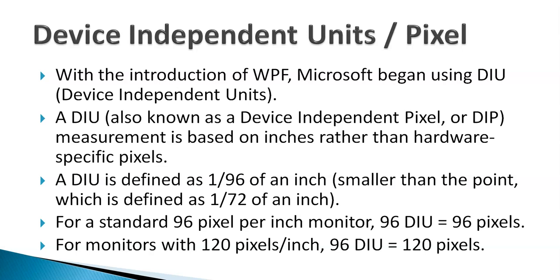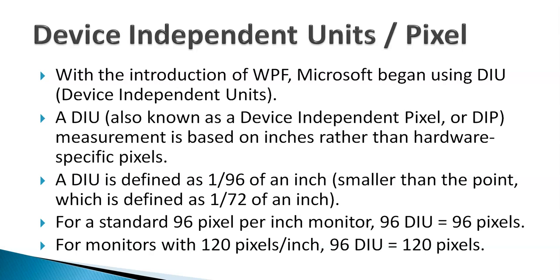So ultimately it is smaller than a point. A normal point is always defined as 1/72 of an inch, which means if I divide an inch into 72, a point is one part of it. For a standard 96 pixel per inch monitor, 96 DIU is equal to 96 pixels.